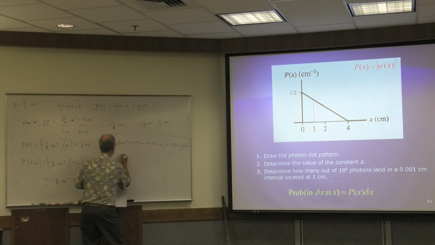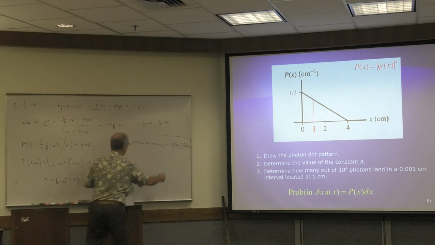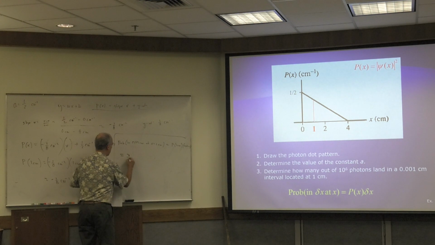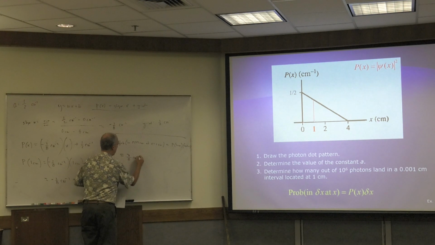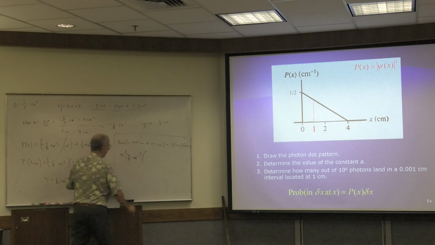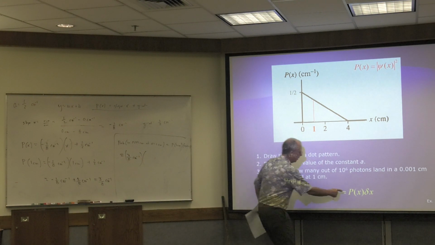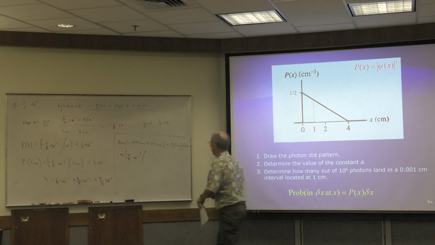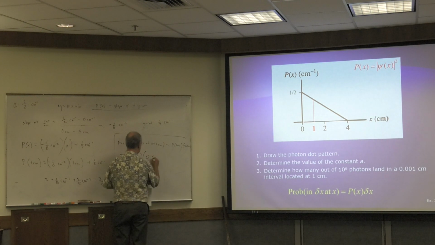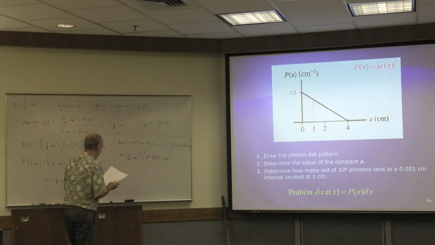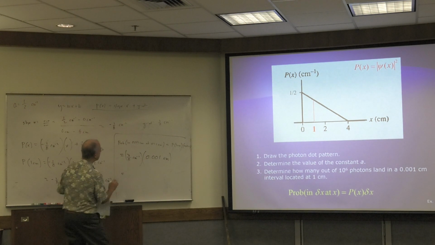So this is equal to the probability density at 1 centimeter, 3/8 centimeter negative 1, times our width, 0.001 centimeter. And I promise, now look at the units.